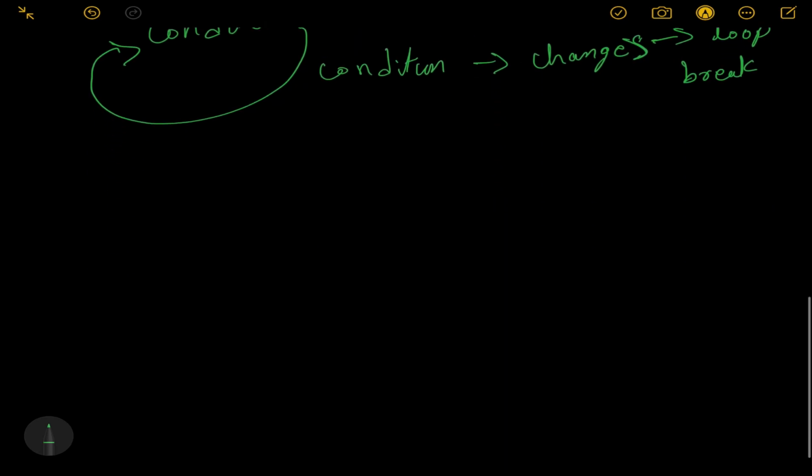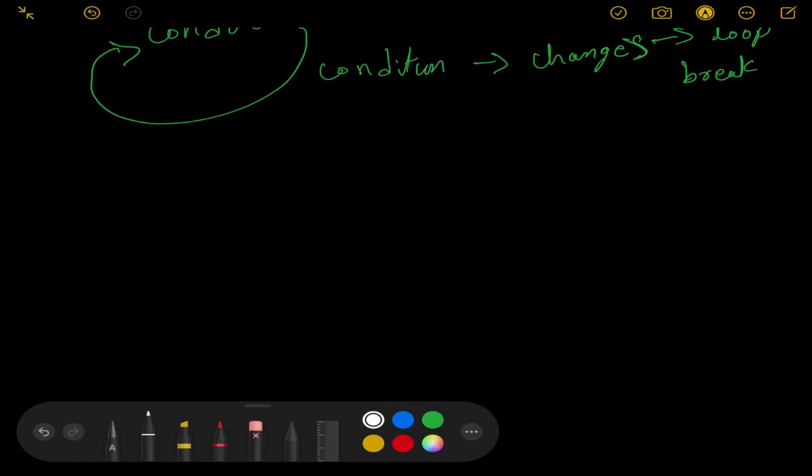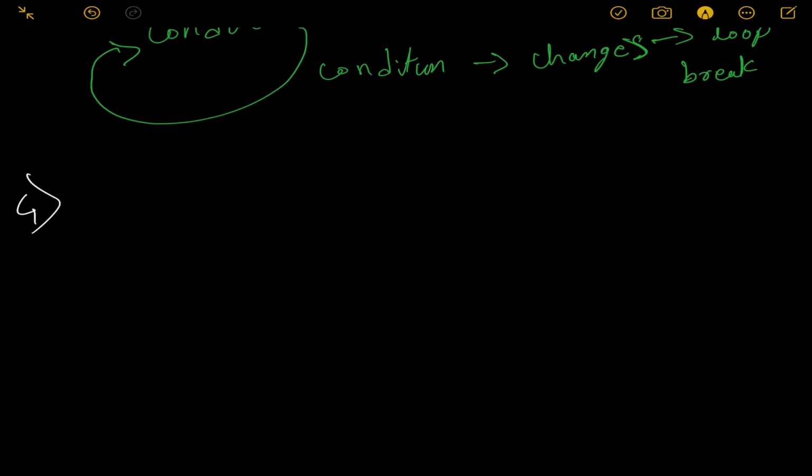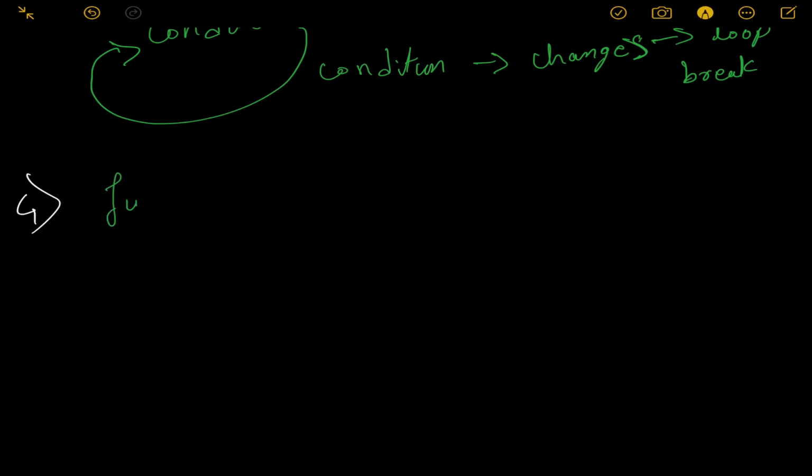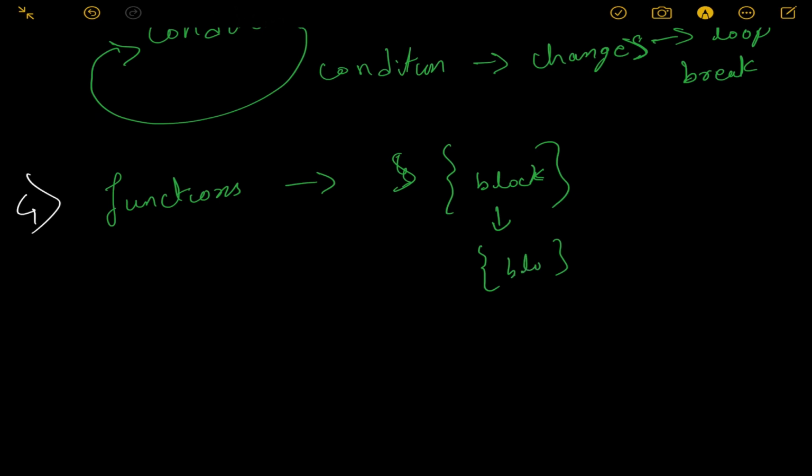Moving on, let's see the fourth concept. Anyone who aspires to become a programmer should know what functions are. Functions are very important because here there is a block of code that is repeatedly called, and it may also happen that inside this block there is another block of code.